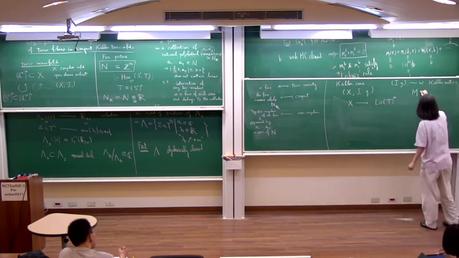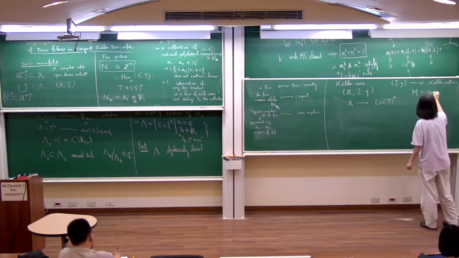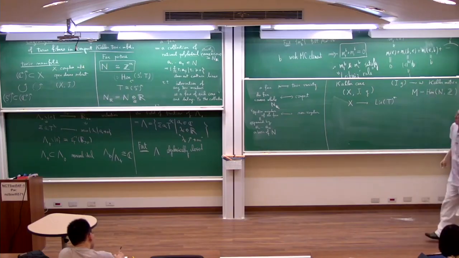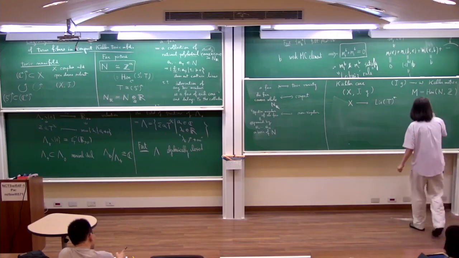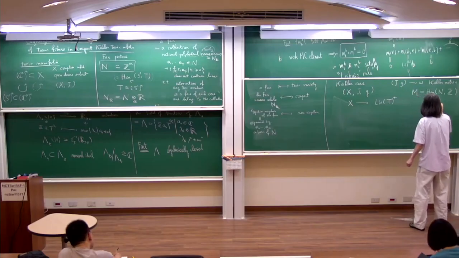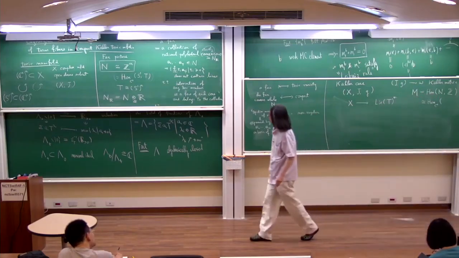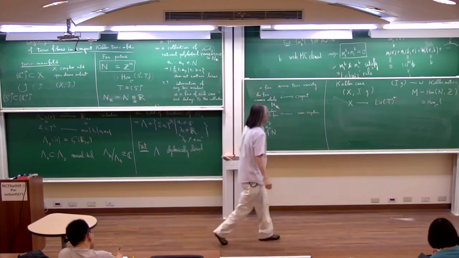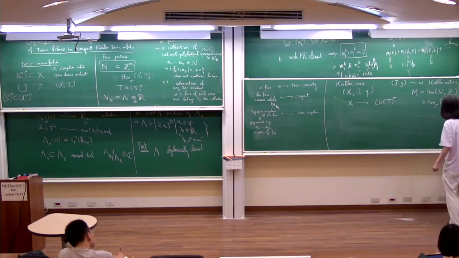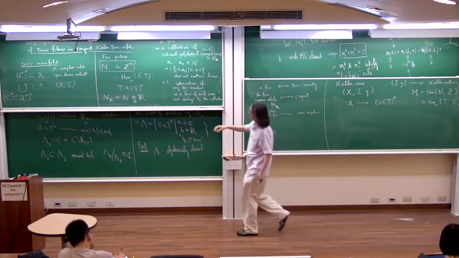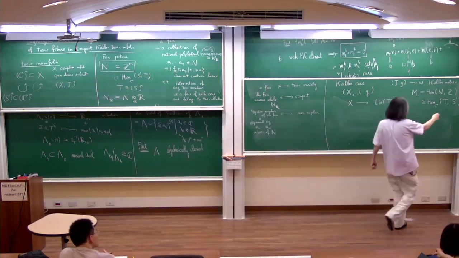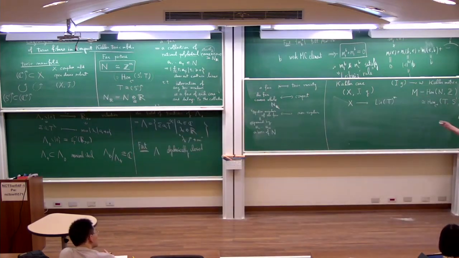So M is actually the Hom of N, Z, and this one we can also consider as the set of continuous homomorphisms from T to S1. So this is actually a set of one-parameter subgroups, and this is a set of characters. And so they are dual to each other.